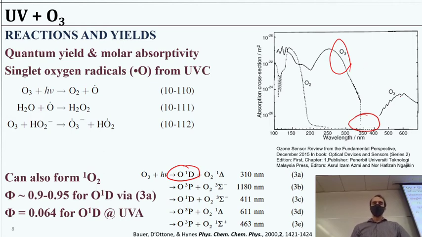And then you see ozone does absorb higher bands, but that reaction's not going to form this O1D. That's going to be the weaker version that's not going to end up creating hydroxyl radicals. So that's what we see up at 611 or 1200.